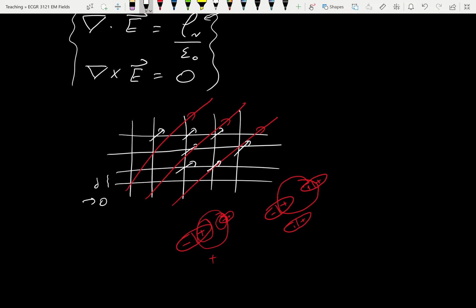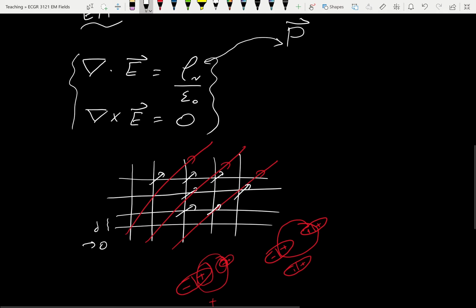So the statement that I can make, which is non-rigorous at this point, is that if I have non-uniform polarization, meaning a polarization vector that varies between points in space, I will see evidence of a charge density. Once I see evidence of the charge density, I can use the first axiom to tie this charge distribution to the electric field.